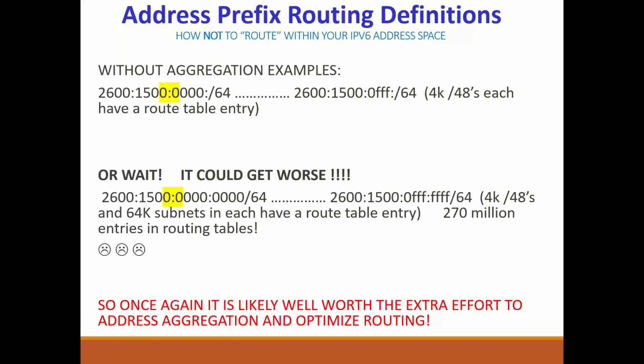If you add all that up, you could have 270 million entries in your routing table. And that's worth 3 frowny faces, because that would be just horrible for you and everybody. So that's why I say in red highlighted caps text, it's likely well worth the extra effort to look at this and optimize your routing. Just imagine your poor routers.